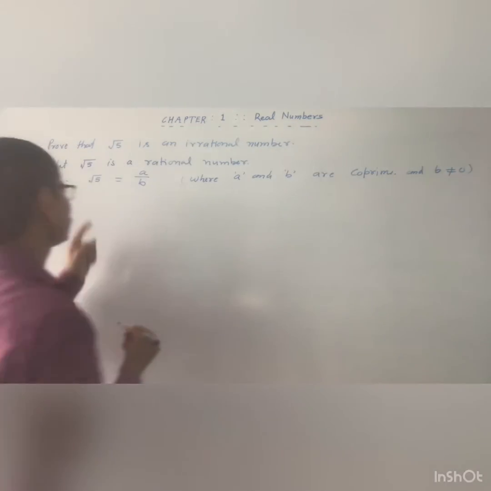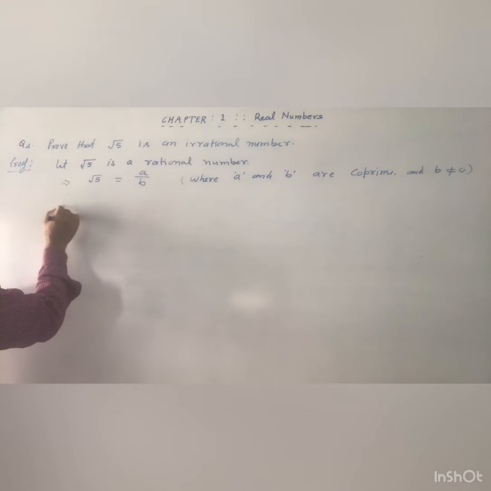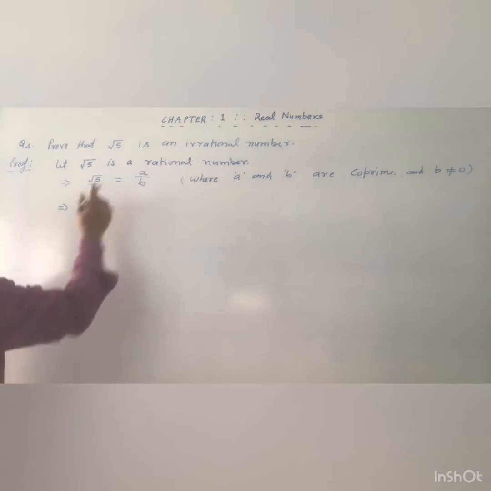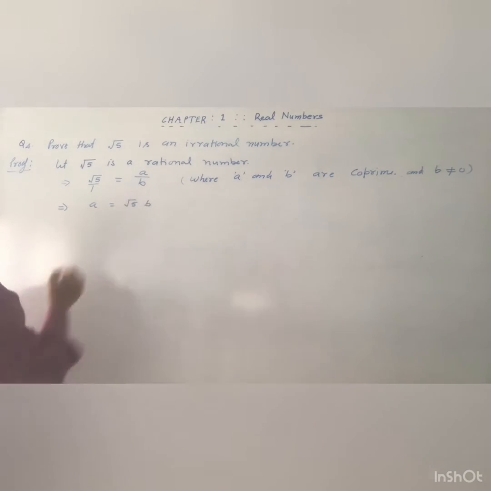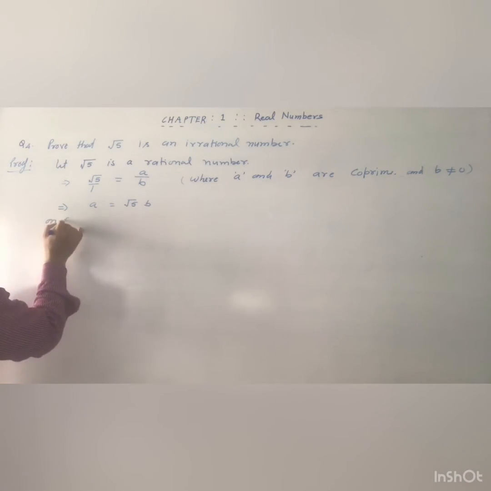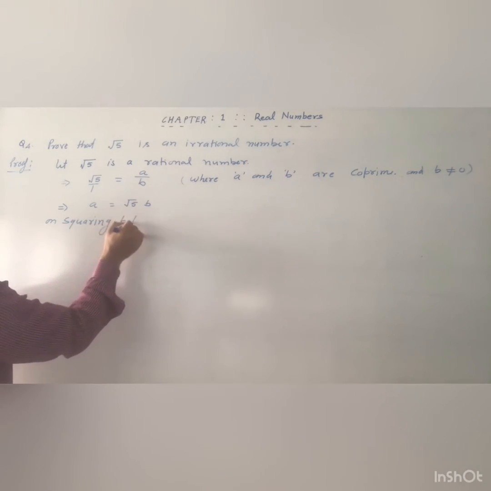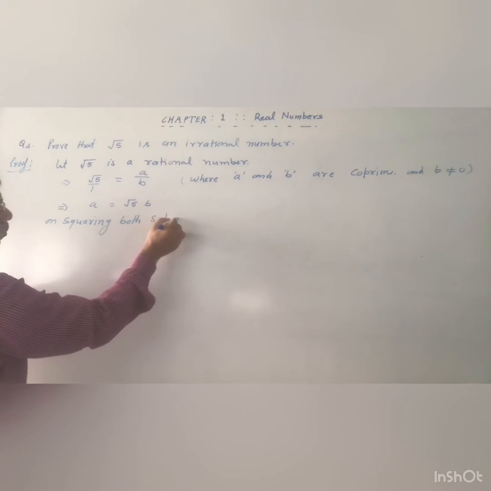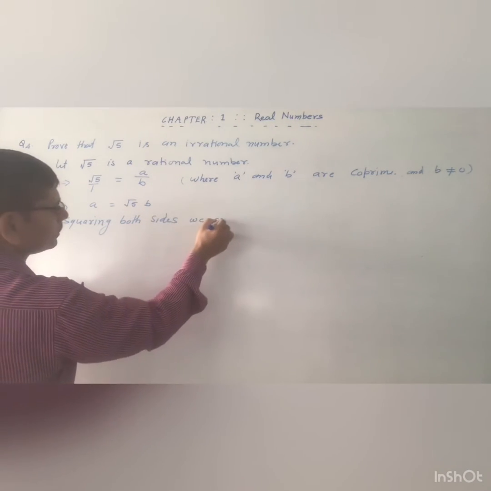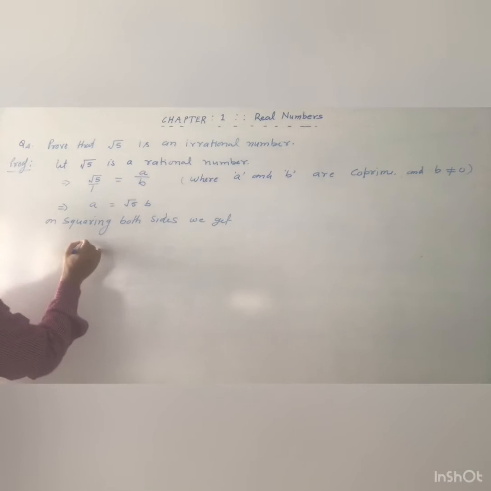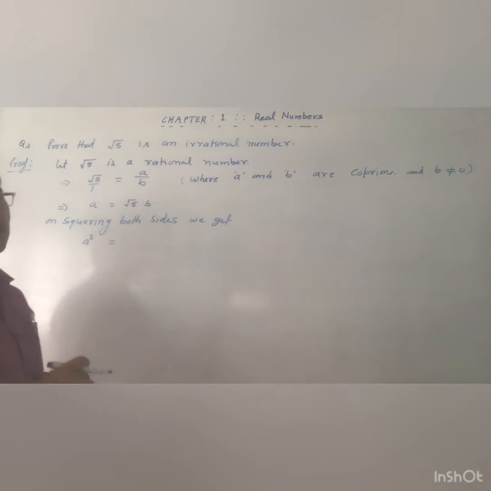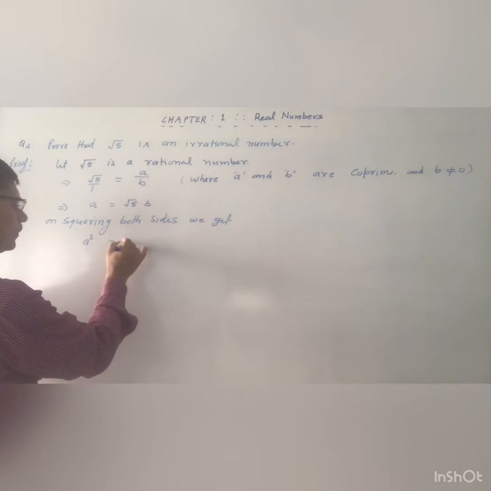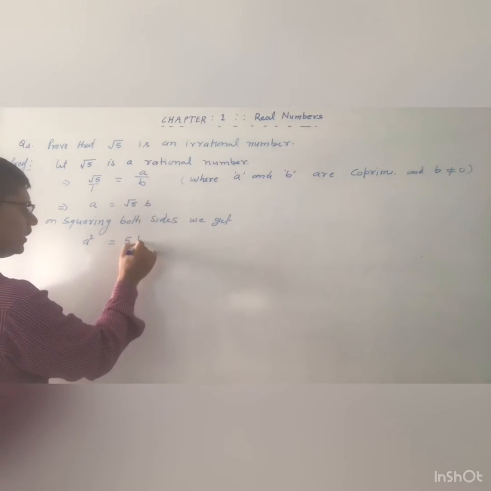Okay. So now by cross multiplication we will get a equal to under root 5 times b. On squaring both sides, what do we get? We get a square equal to under root 5 whole square, which means 5, and b square.